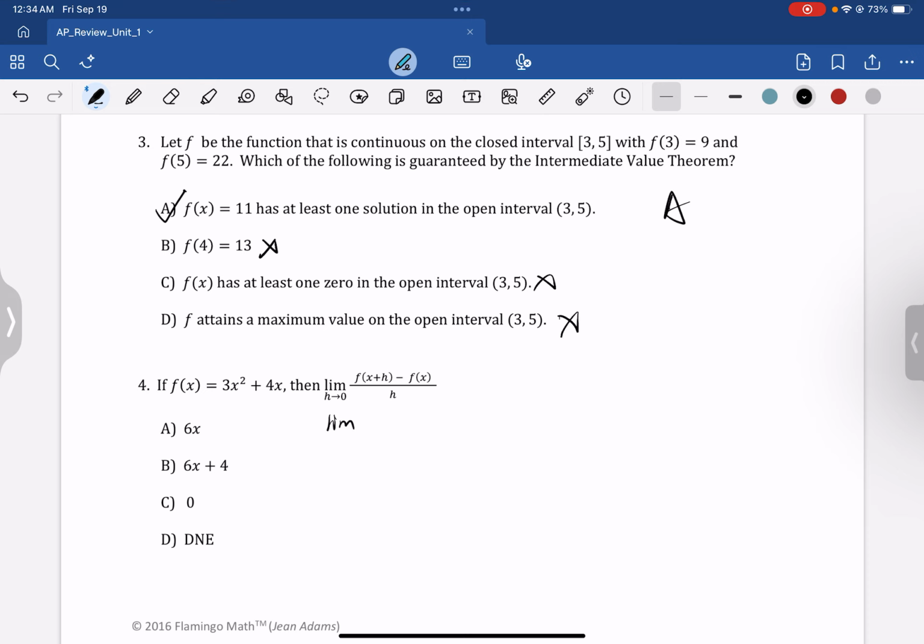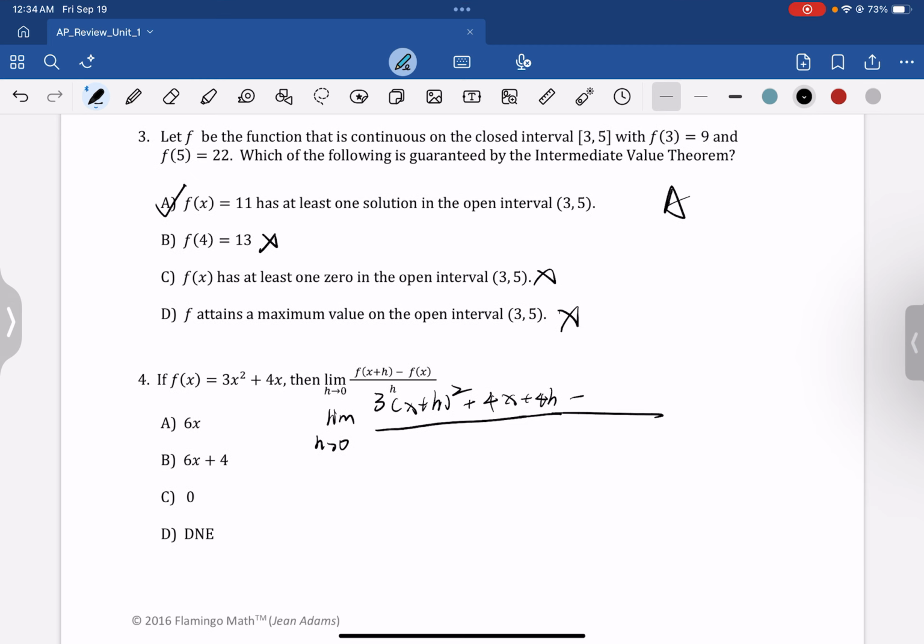Limit as h approaches 0 of f of x plus h, which equals 3 times (x plus h) squared plus 4x plus 4h, minus the original function, which is 3x squared plus 4x, over h.